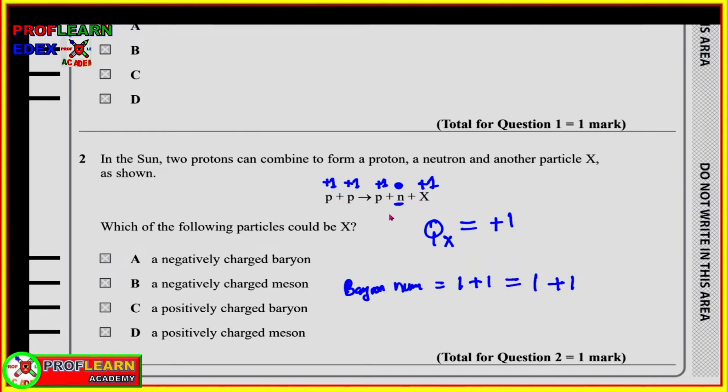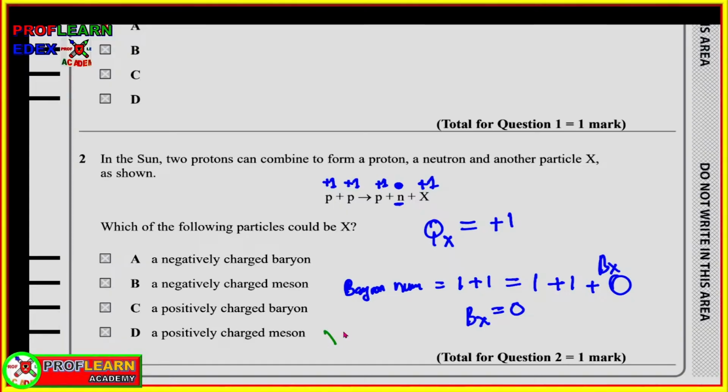The baryon number of a neutron is 1, so this must have a baryon number of 0. Because we are saying plus B_X, then B_X, the baryon number of X, must be 0. Therefore X is a positively charged meson.